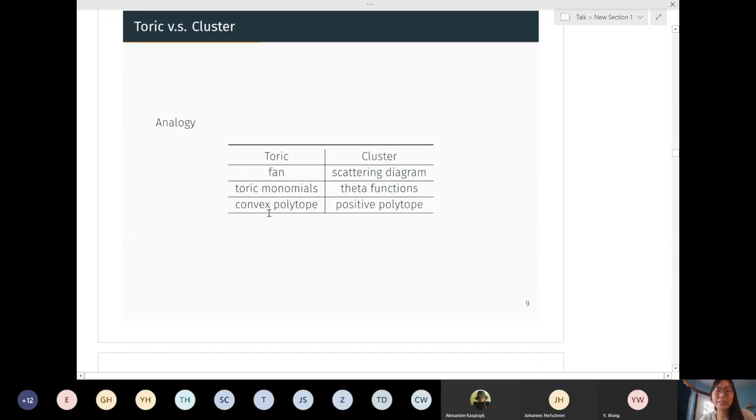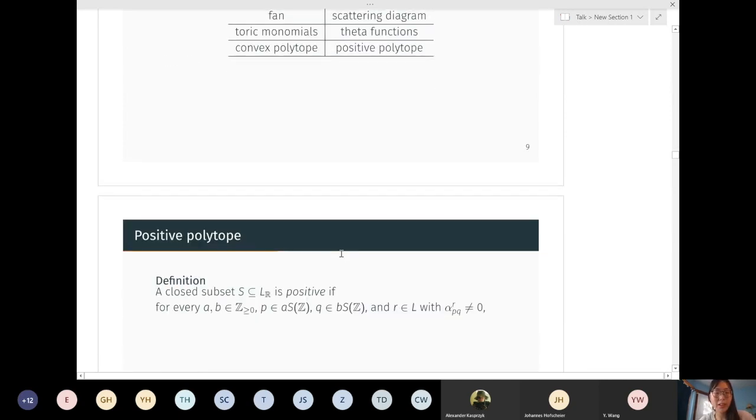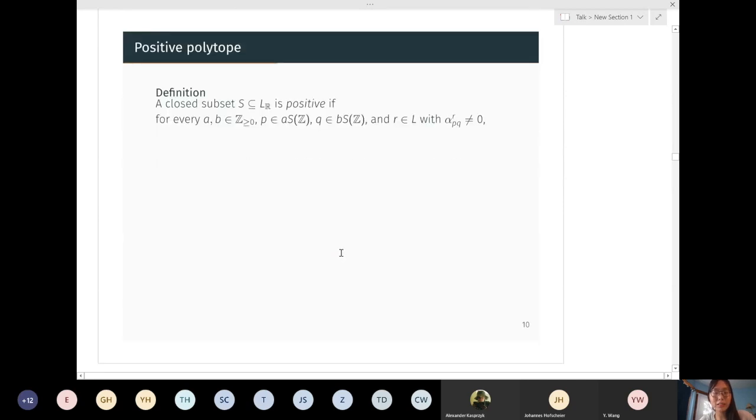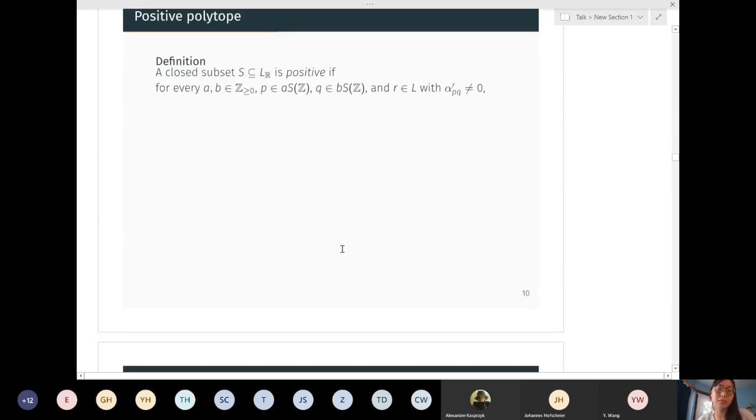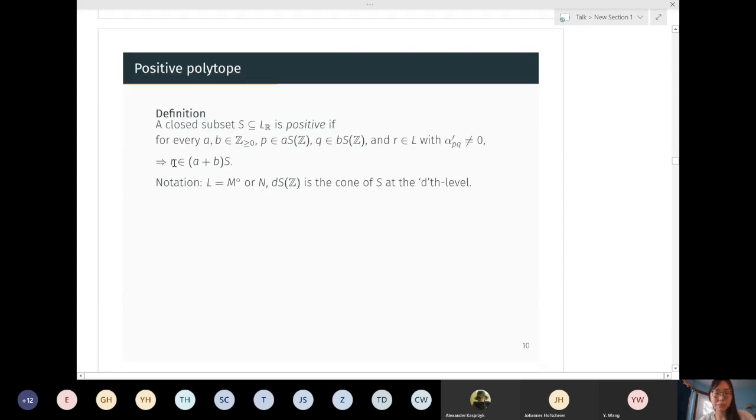And then in the beginning we have a convex polytope, and the analogy here is something we call a positive polytope. The definition of a positive polytope is almost identical to what we had before. It might not be a polytope, so we call it a subset. It is positive if for any P in layer A and Q in layer B, whatever appears in our multiplication, R, is in the A plus B layer.